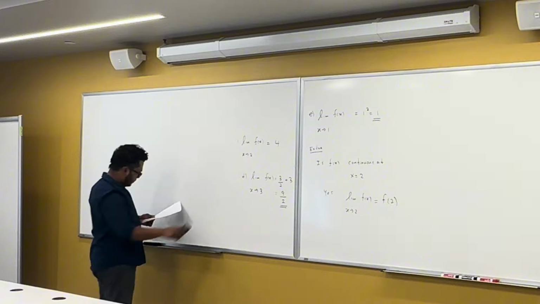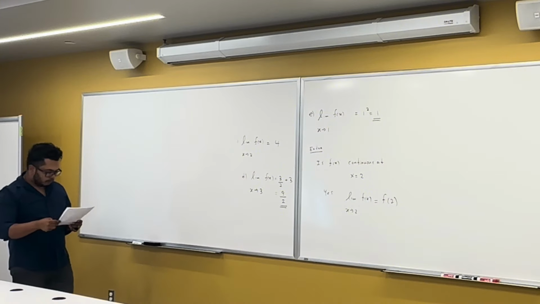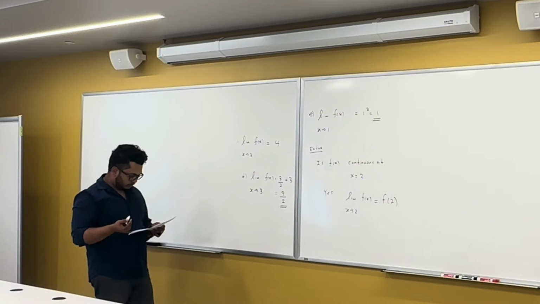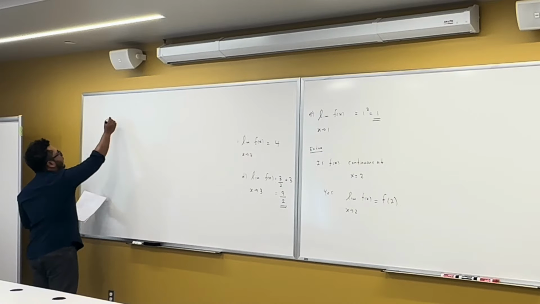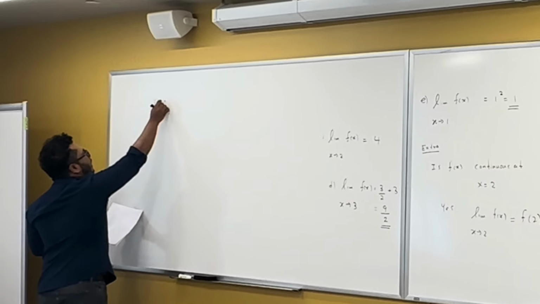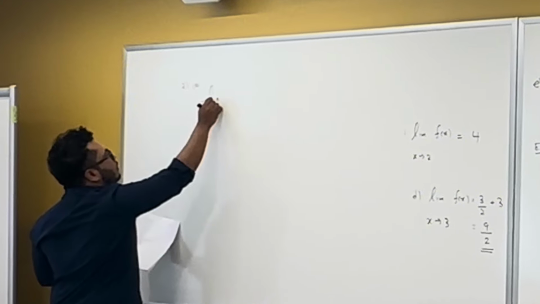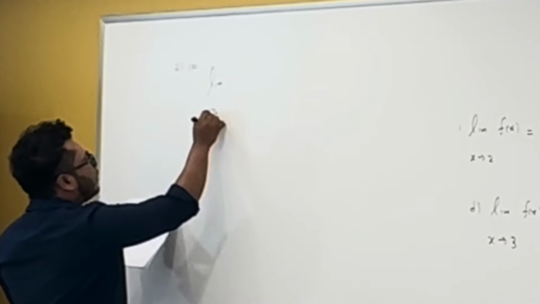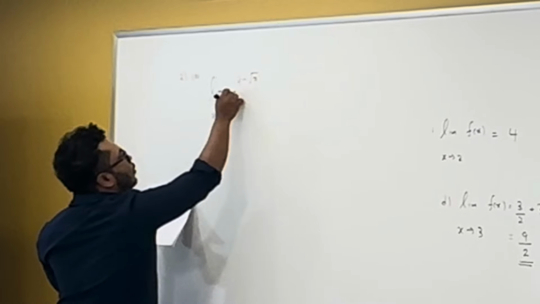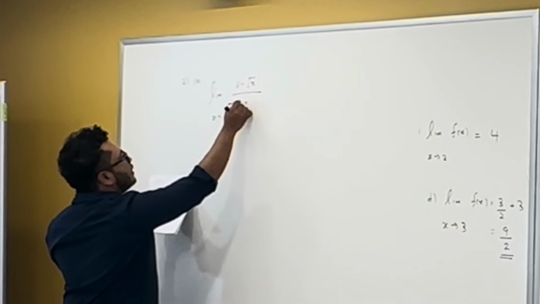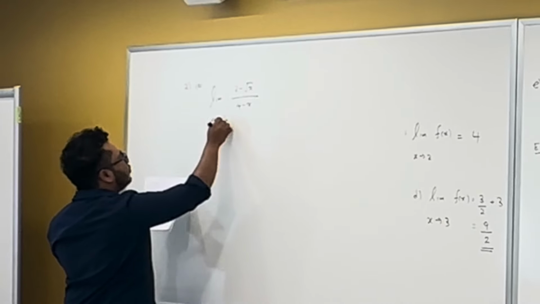Question number 2 is about finding limits. Determine the following limits. The first part A, limit of 2 minus square root of x over 4 minus x when x goes to 4.